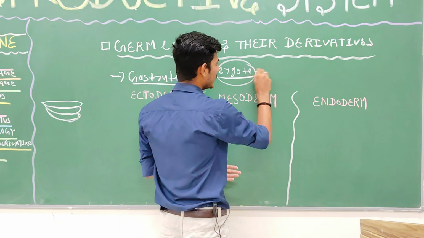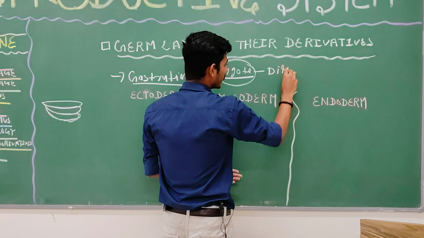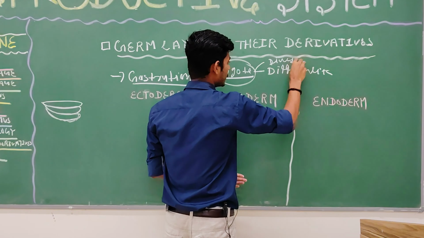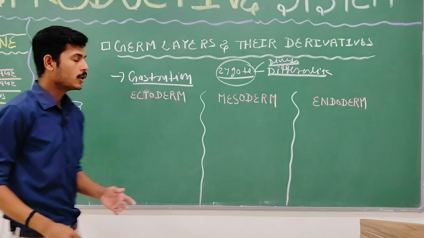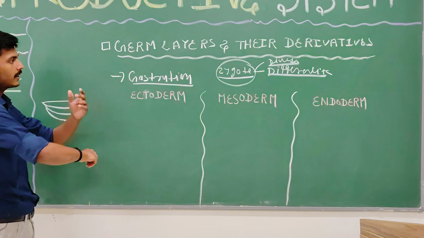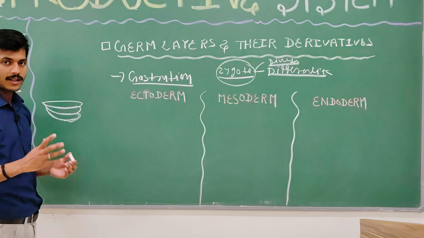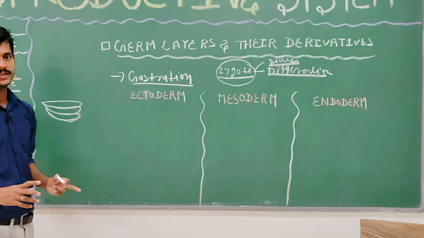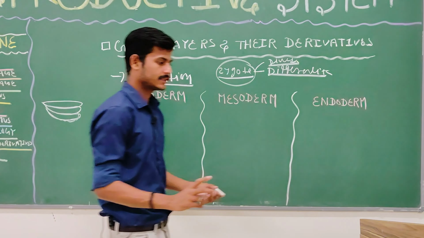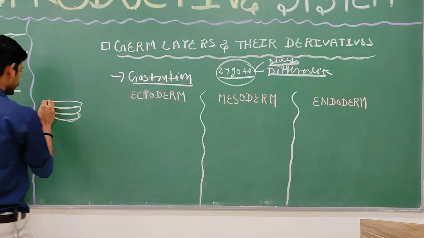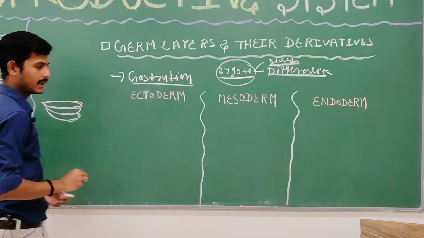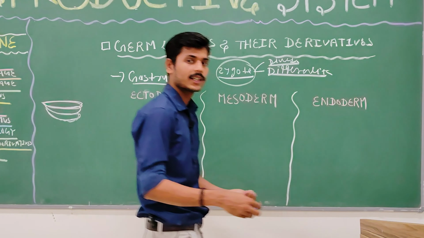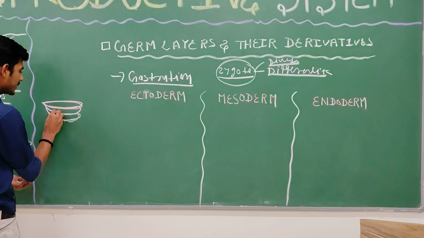So it has to divide, which is the cleavage we saw, and then differentiate. After implantation, the blastocyst undergoes a process called gastrulation, by which the three germ layers are formed. With the help of these germ layers, the major organs are formed; all our body organs are derived from them.